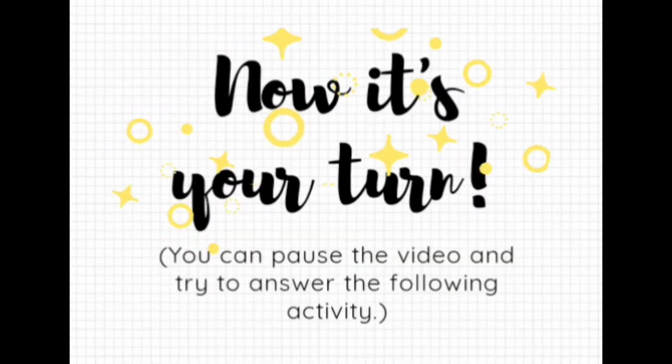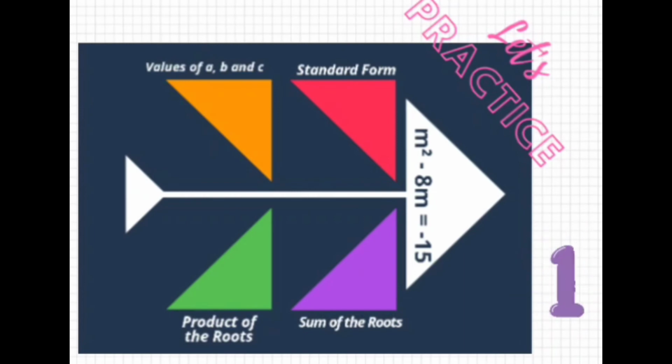Now, it's your turn. You can pause the video and try to answer the following activity. Good luck! I know you can do it. For let's practice number 1, you are given m squared minus 8m equals negative 15.